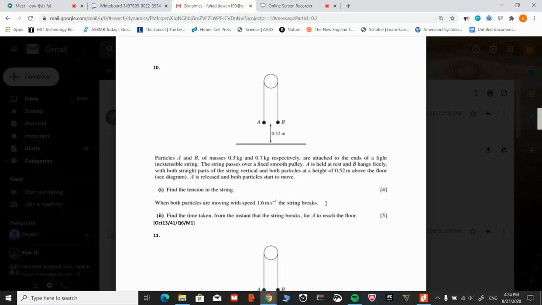Suddenly the string breaks. So string breaks means it has torn, right? Or someone has cut it, something like that happened, and then gravity takes over. But it says find the time taken from the instant that the string breaks for A to reach the ground or reach the floor.